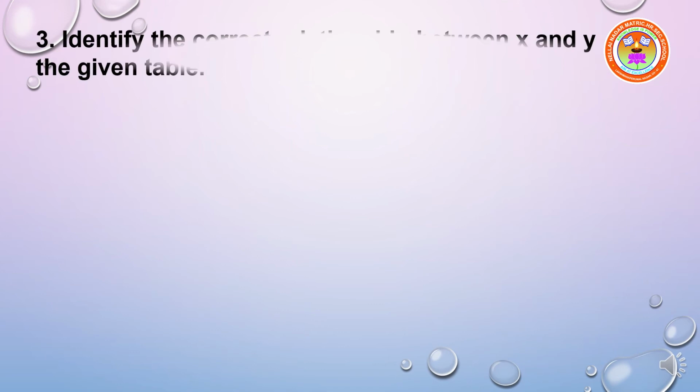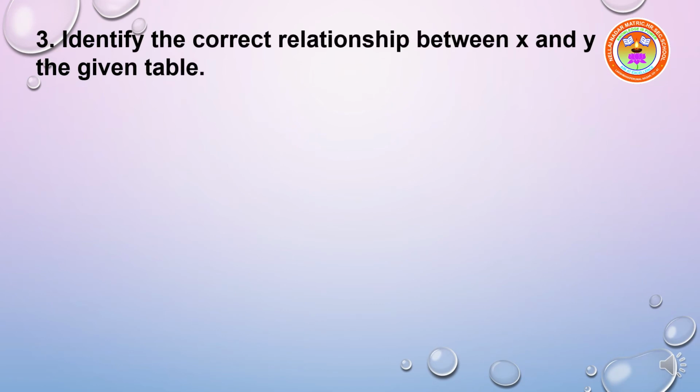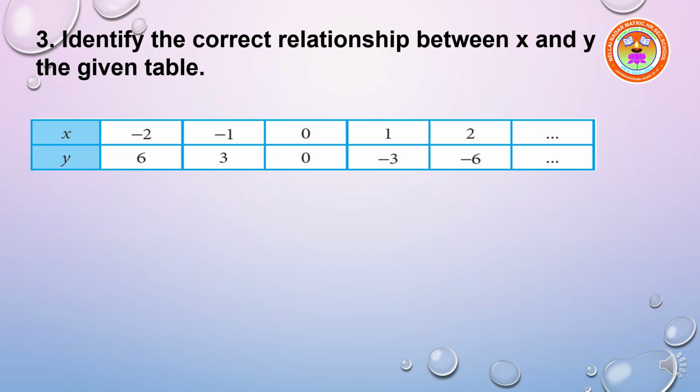Now, question number 3. Identify the correct relationship between x and y from the given table. So, this is similar to the second sum. Now, the tabular column is given with x and y values. Options are given. The first option, y is equal to minus 2x. Next, second option, y is equal to plus 2x.